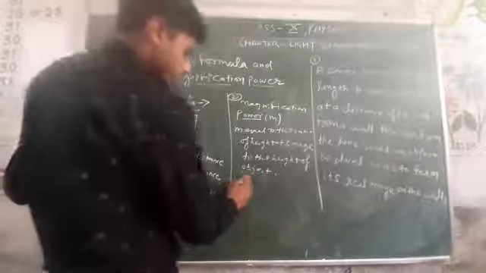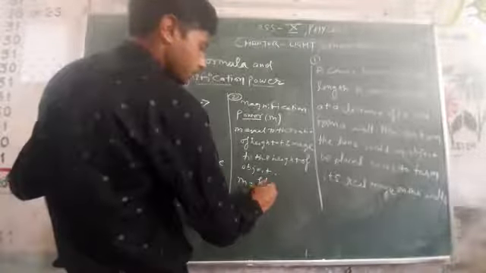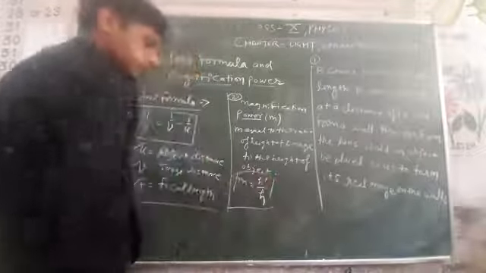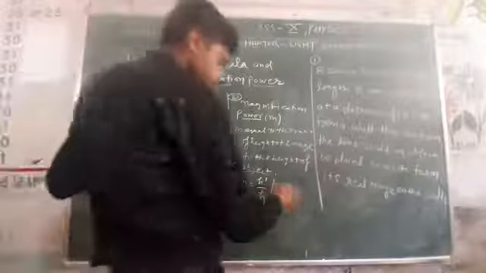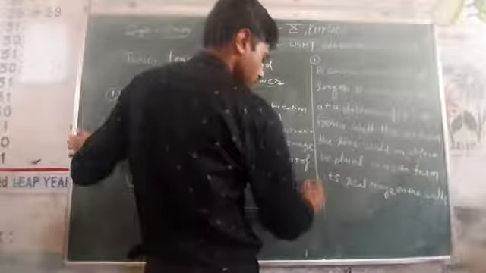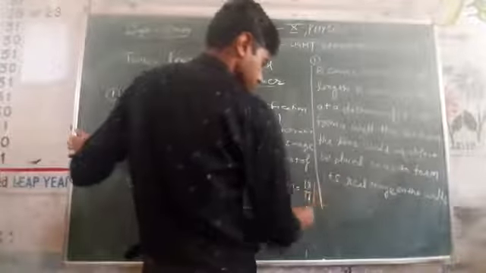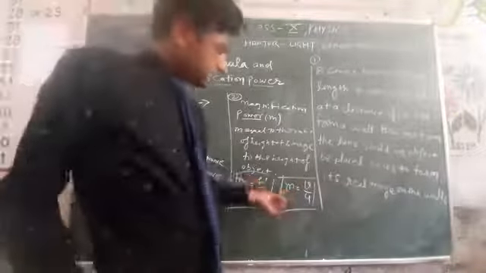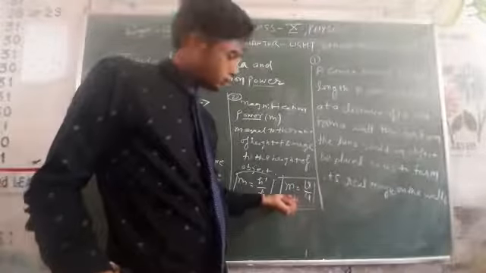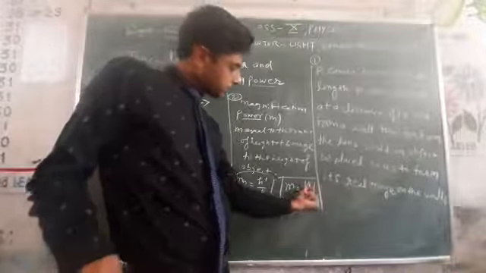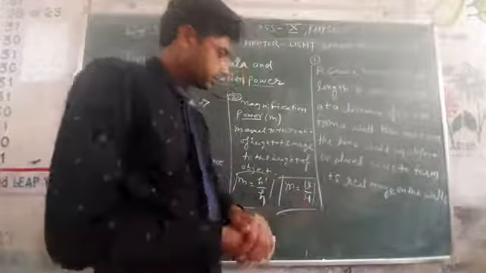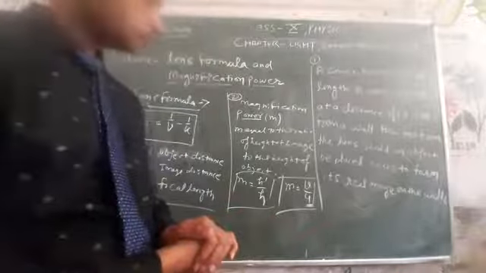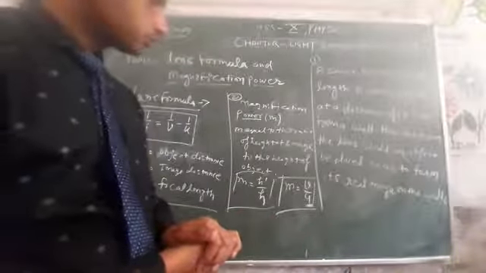It means M equals h dash upon h. This is the formula for magnification. And this M is also equal to v upon u. It means M is also equal to the ratio of the image distance to the object distance. Okay, I hope you understood.